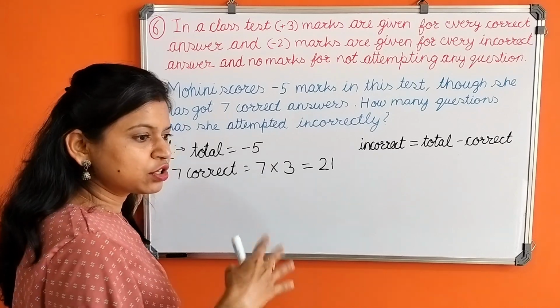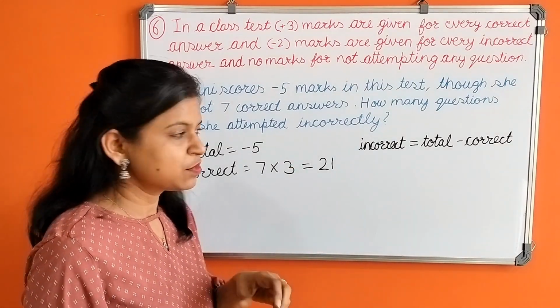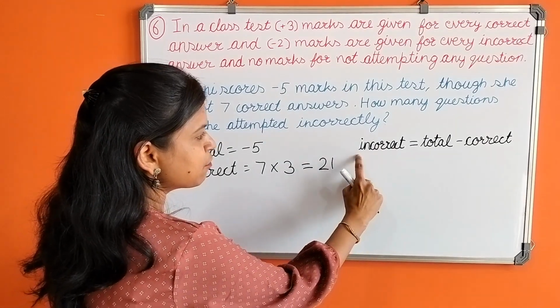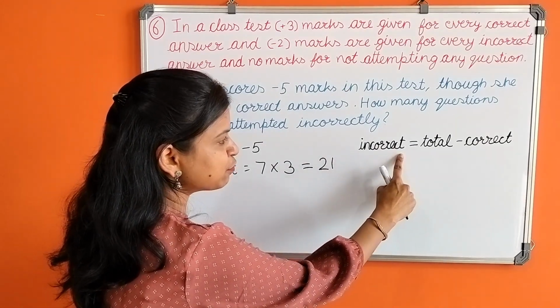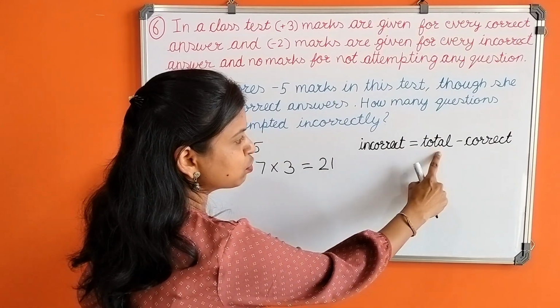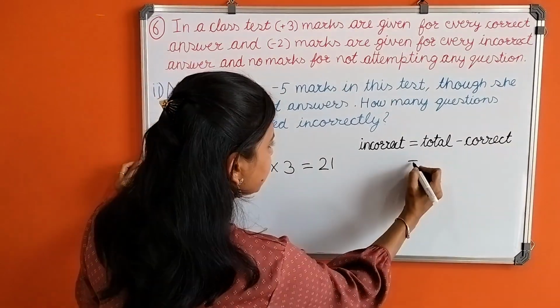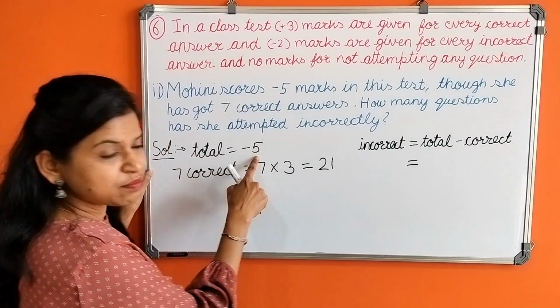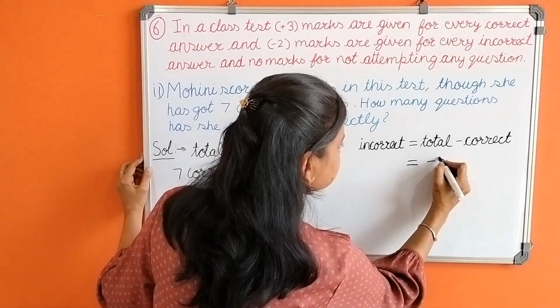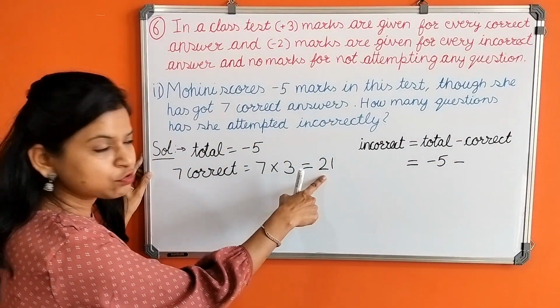So you know total marks will be equal to correct plus incorrect. So similarly for incorrect marks, how will we find out incorrect marks? Total marks minus correct marks. So incorrect marks equal to total marks minus 5 minus correct marks 21.